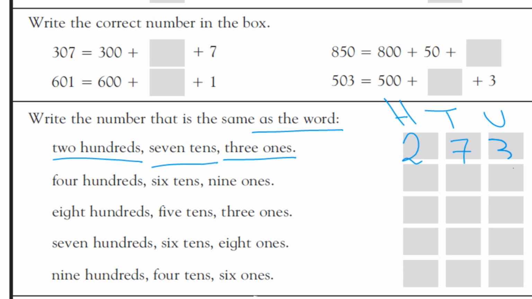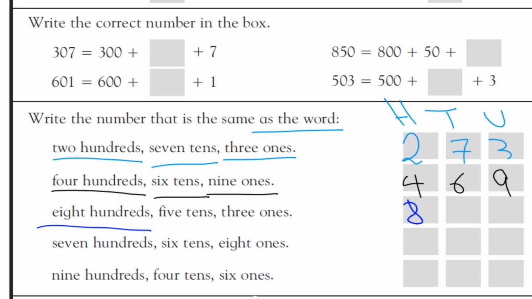Okay, the next one. 4 hundreds, 4 in the hundreds. 6 tenths, 6 in the tenths. 9 ones, 9 in the ones. We said the ones are the same as the units. Okay, the next one, 8 hundreds, I put 8 in the hundreds. 5 tenths, 5 in the tenths. 3 ones, 3 ones, or 3 units.